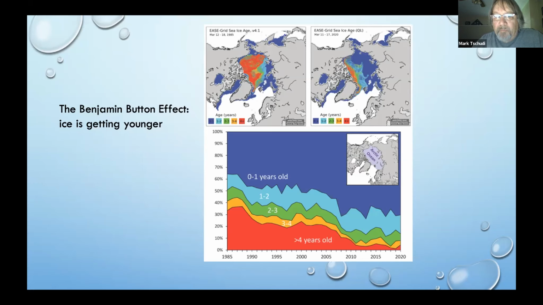And now in recent times, this is from March of 2020, you can see that the oldest ice is mainly just along the coast of the Canadian archipelago and Greenland. And then the image on the bottom just summarizes that statistically. And you can see again how in recent times, the first year ice is dominating the ice pack, whereas it was a different scenario with older ice back in the mid 80s.